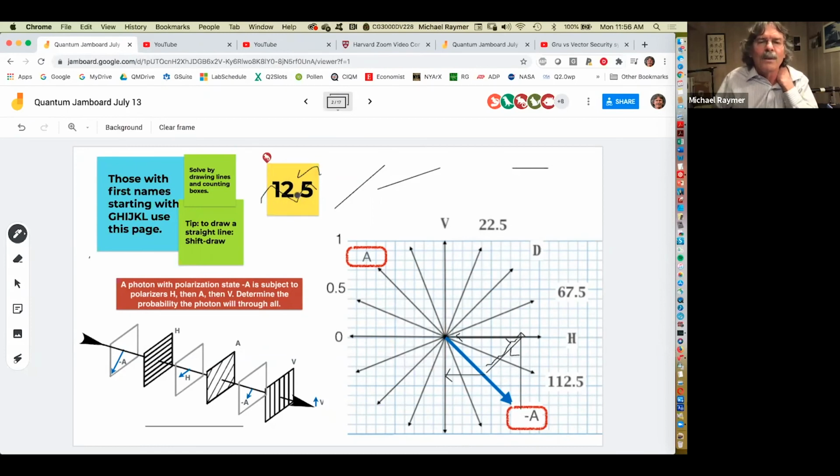So this number 12.5 is not correct. We want the length of that final state vector, which is this. What's the length on page 2? What's the length of that final vector?